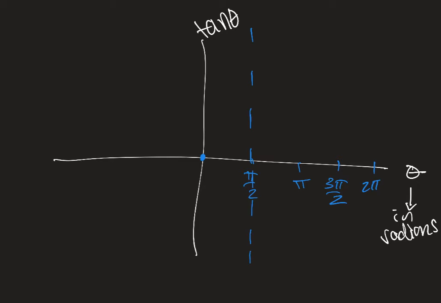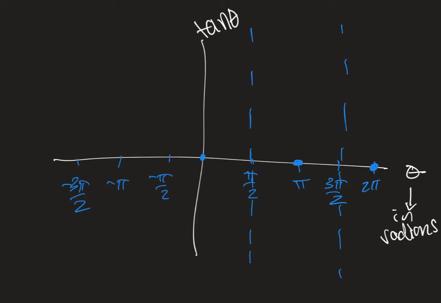Tangent of pi is 0. Tangent of 3 pi over 2, again, is undefined because it's sine over cosine, and cosine is 0 at that value. And then tangent is back to 0 at 2 pi. We can also go in the negative direction, negative pi over 2, negative pi, negative 3 pi over 2, etc.